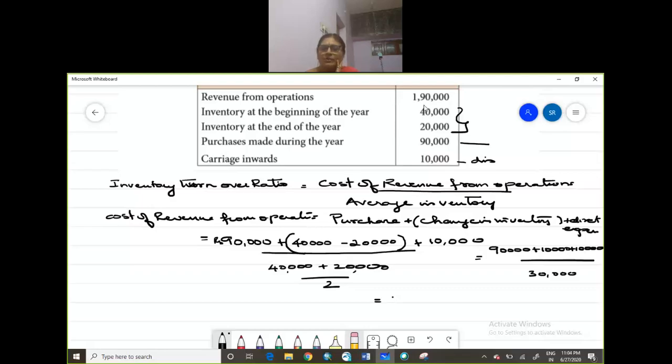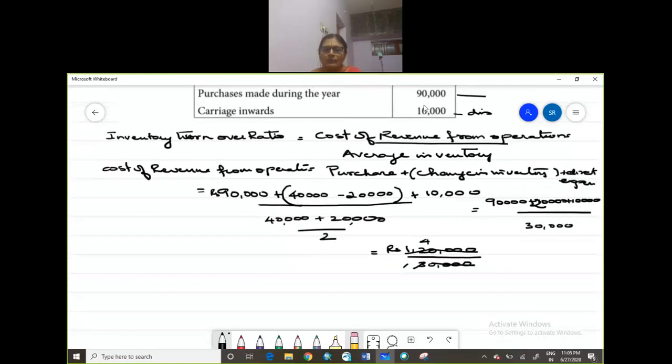You have 90,000 plus, 40 minus 20 is actually 20,000, plus 10,000, so you have rupees 1 lakh and 20,000 divided by 30,000. The 4 zeros get cancelled here. Then 3 will go here once, 3 will go here 4 times, which is equal to 4 times.